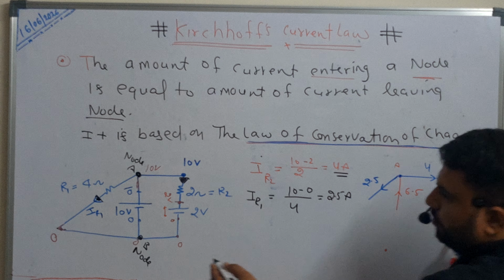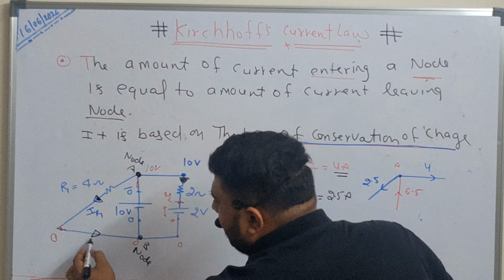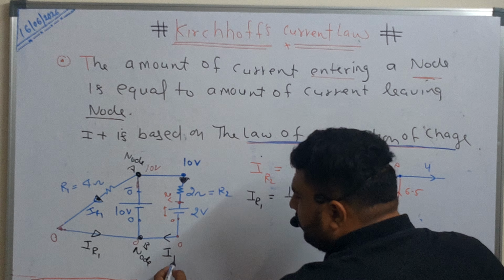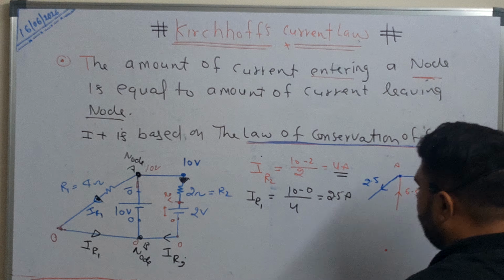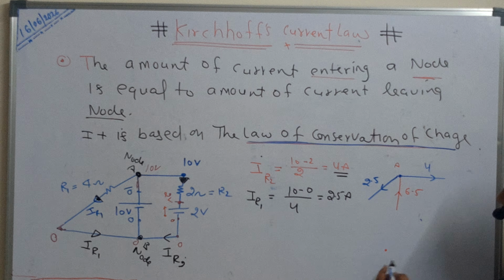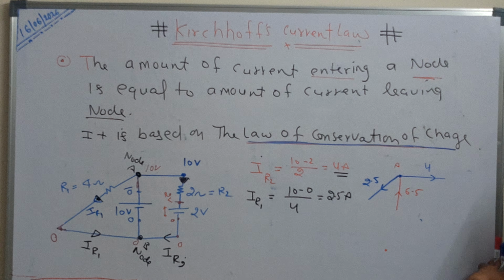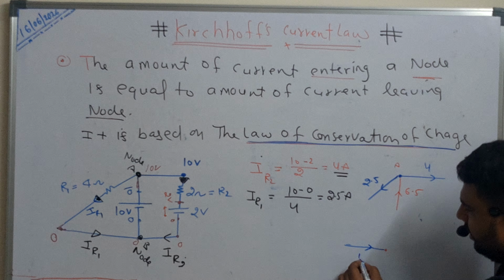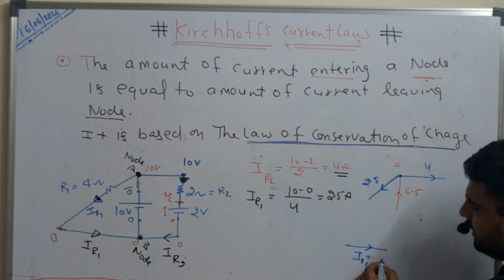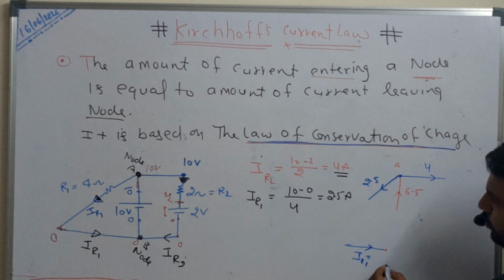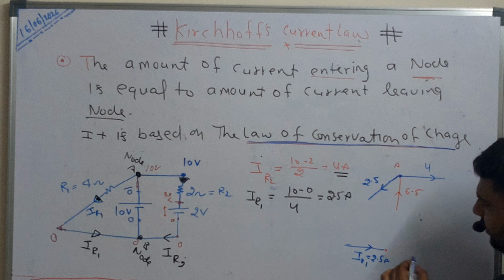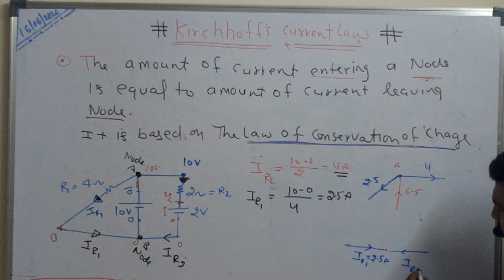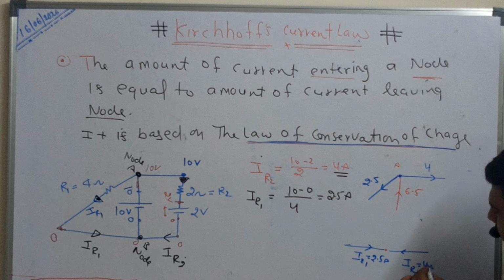Similarly for node B, whatever current IR1 flows like this, and IR2 also flows like this. At node B, the current coming from this side is IR1, that is 2.5 ampere, and from this side IR2, that is 4 ampere.